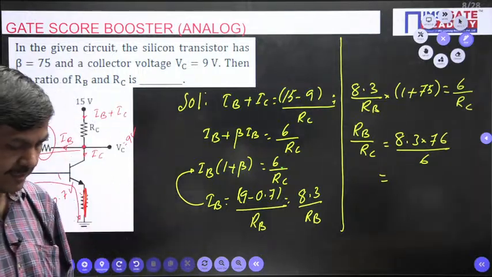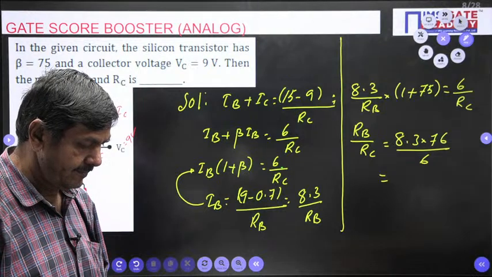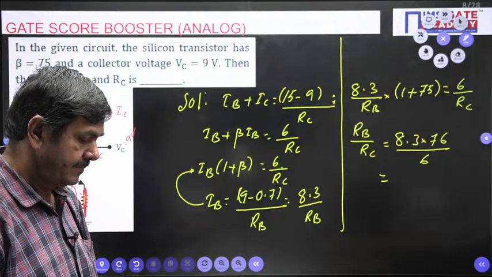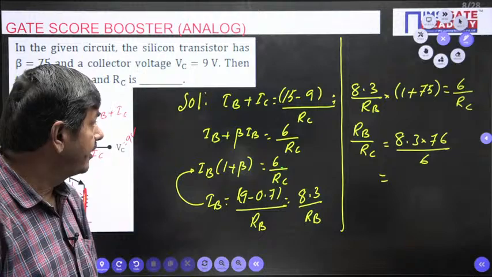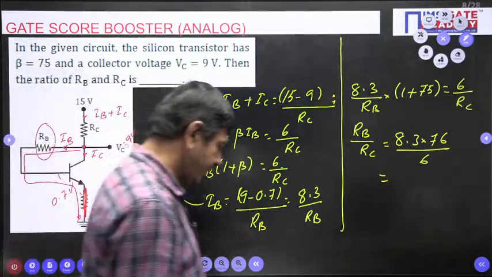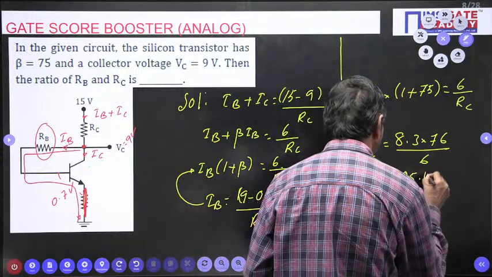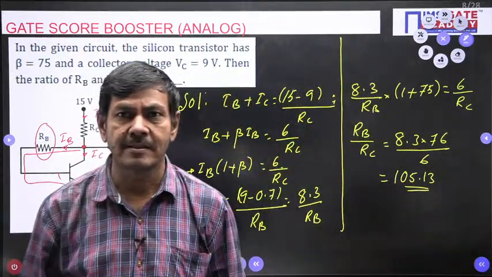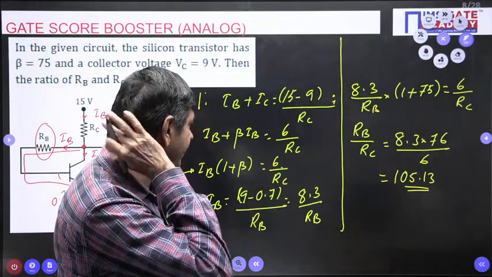Can you check this value, how much it comes? 8.3 into 76 by 6. Yes, mostly it comes, I think, 105.13. But if you got 122 point something, okay, no problem, understand. But anyhow, cross check again, understand my point.